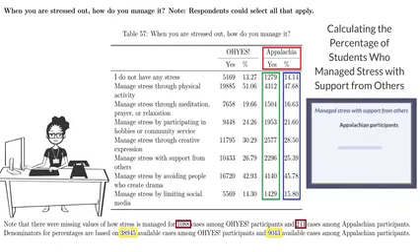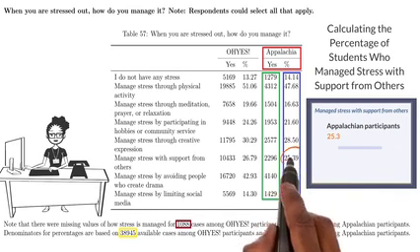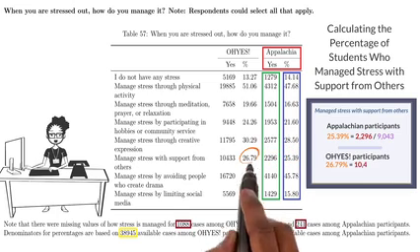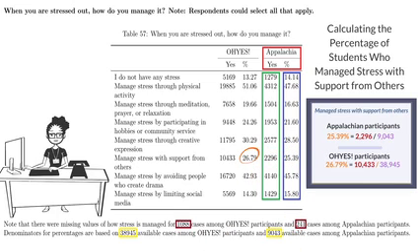As our first example, we can see that slightly more than a quarter of Appalachian participants, 25.39%, equals 2,296 divided by 9,043, and OHYES participants, 26.79%, equals 10,043 divided by 38,945, manage stress with support from others.